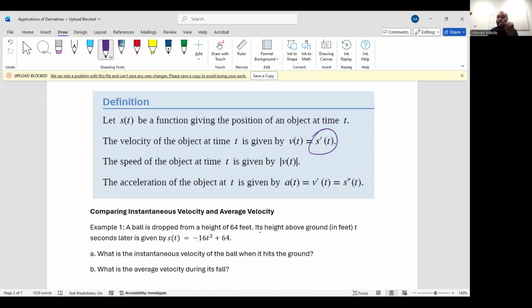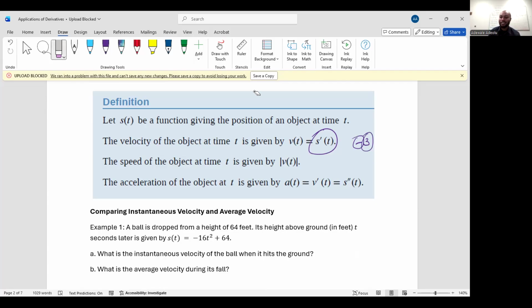Now, velocity has magnitude and direction. So if I have -3 for velocity, it is telling a story that it is going in the negative direction, but the magnitude, the speed itself, is 3. We cannot have negative speed.